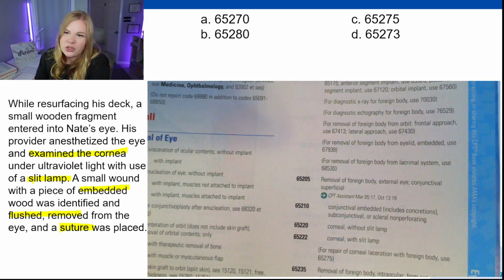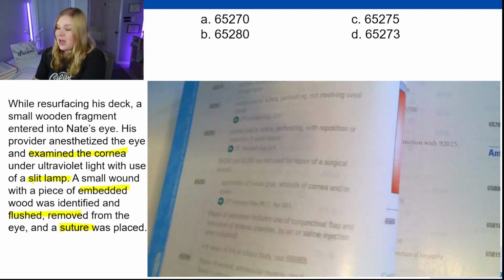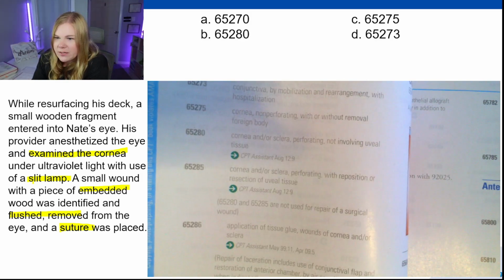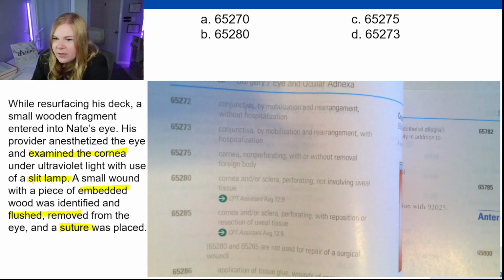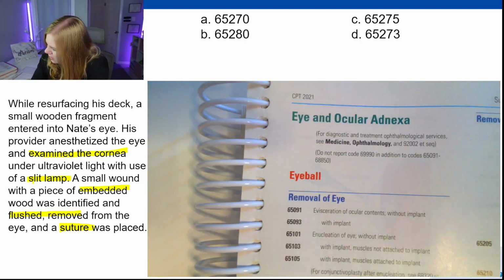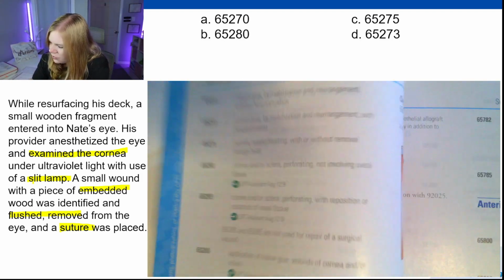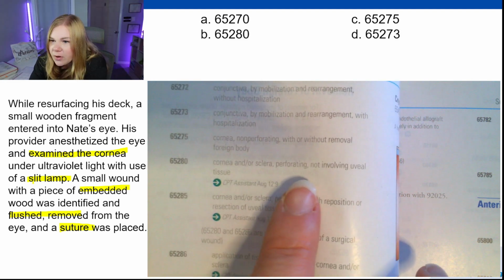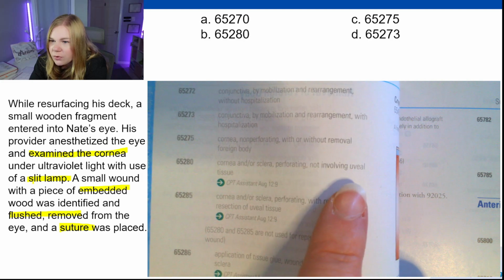Next we have 65280, and I apologize because my CPT book got a little bit misprinted, so it might be hard to read. 65280 looks like it is for a repair of laceration of the cornea and or sclera perforating, not involving uveal tissue.